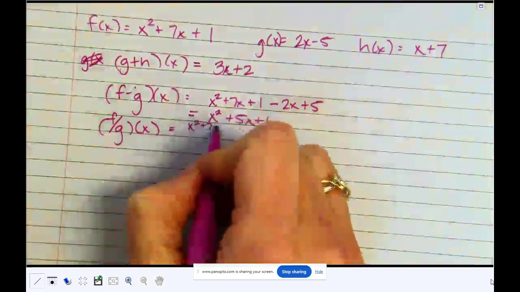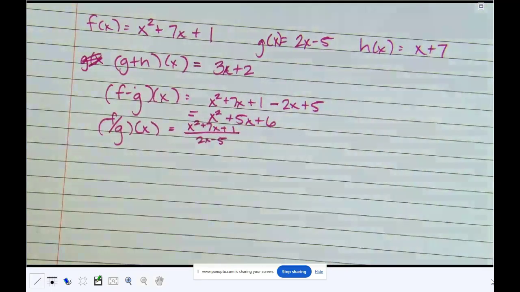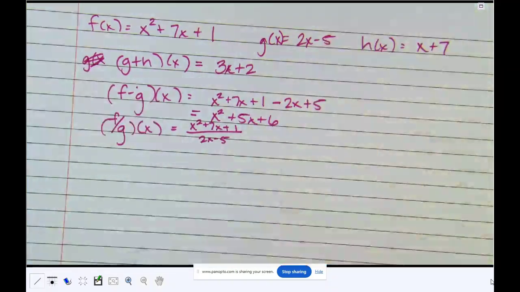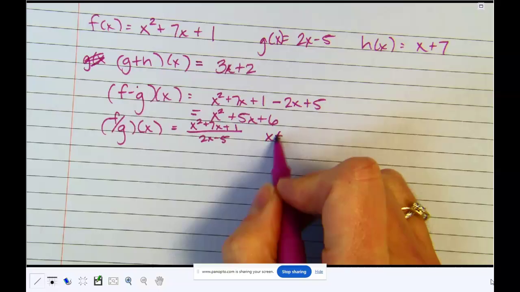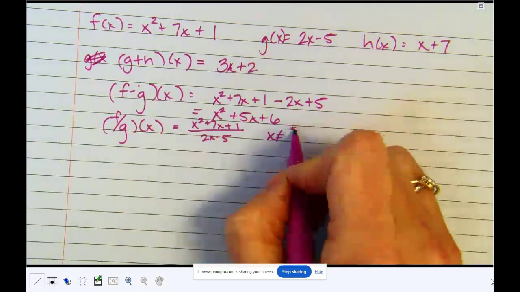You literally just write f divided by g. But what you want to be careful of is you've created a fraction and you have to say what x you cannot use. So x is not equal to what? Yeah, 5 over 2 or 2.5.